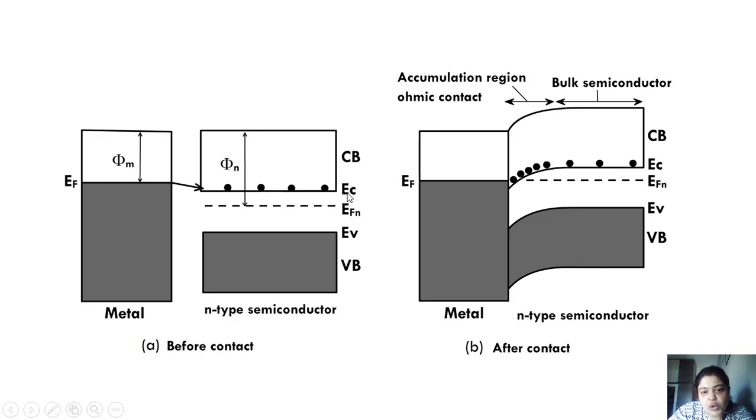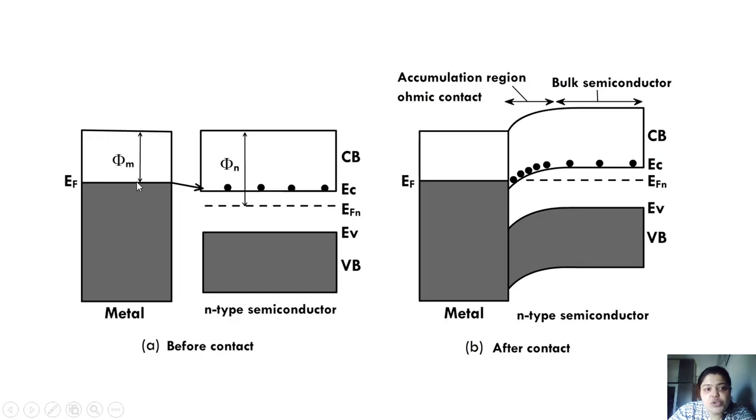This is the lowest level of the conduction band. You have shown electrons here. This is the maximum level of the valence band. So these are the conduction and valence bands respectively, and this is the Fermi level of the n-type material. This is correct if the junction is not made, because the Fermi levels are uneven. In this case, what happens? The metal has a higher charge carrier density and also a lower work function.